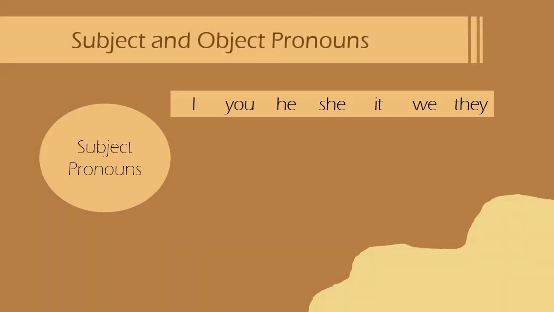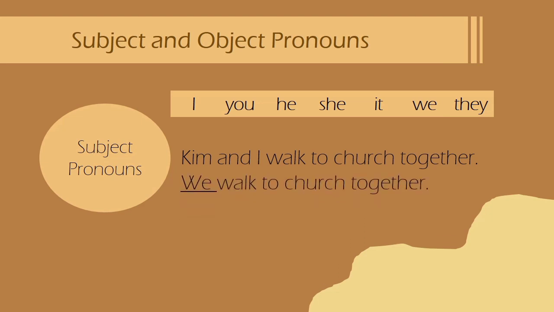Let's have another example. Kim and I walk to the church together. What pronoun should we replace Kim and I with? We are going to replace it with we. So we walk to church together.